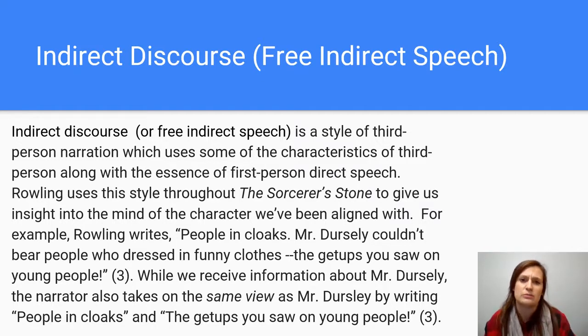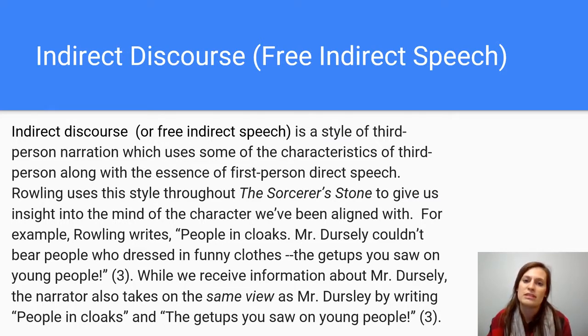So she uses this throughout the Sorcerer's Stone to give us an insight into whose mind or which character we're supposed to be aligned with. So for example, in the very beginning of the book, when we have the Dursleys' point of view, she writes on page 3, "people in cloaks. Mr. Dursley couldn't bear people who dressed up in funny clothes, the get-ups you saw in young people."